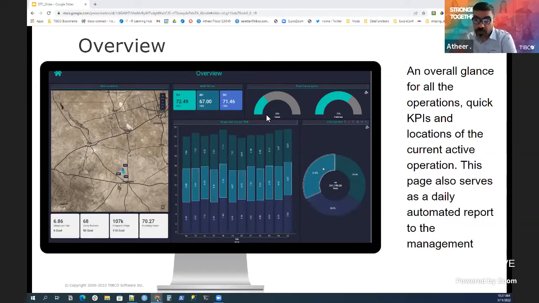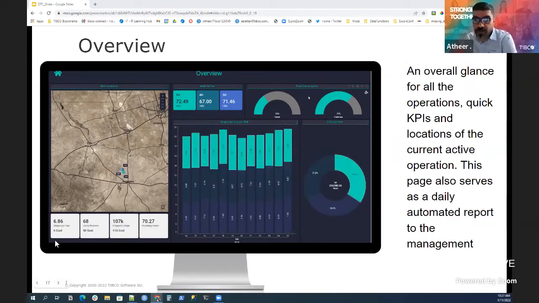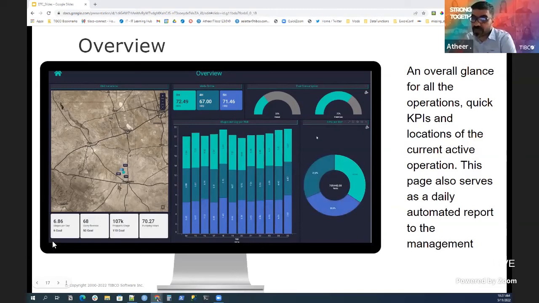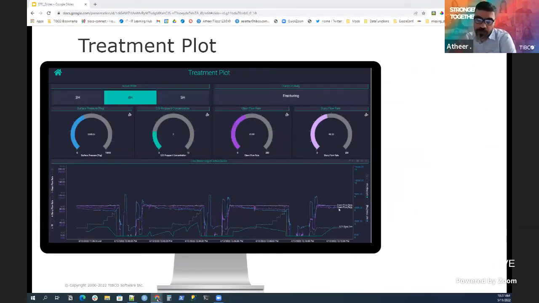The visualization also provides a quick way to compare the performance with respect to predefined daily goals. And then this page can also be automated to be sent in the form of a PDF report for the management, for example.